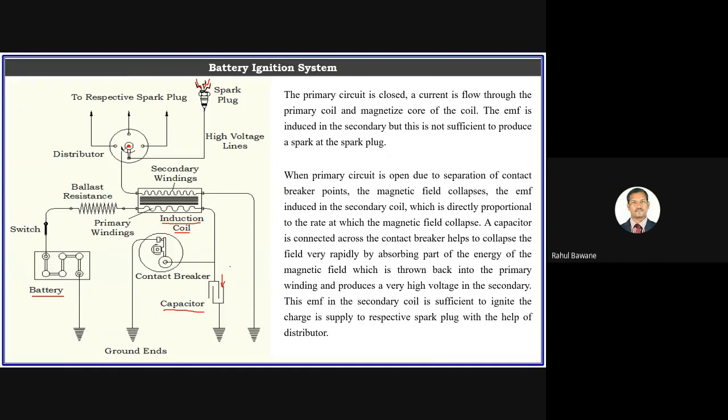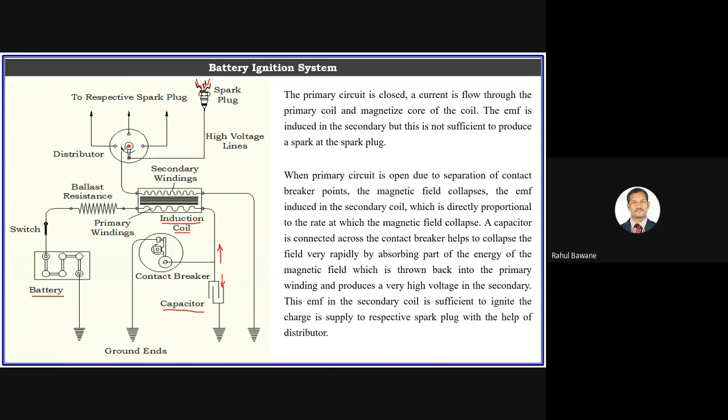When the circuit breaks, this capacitor throws back its stored energy into the primary circuit, and the collapse of the magnetic field is sped up by this throwback of energy. So now the collapse of the magnetic field is so fast that the EMF induced in the secondary is tremendous, and that voltage is provided to the distributor, and from the distributor it is supplied to the respective spark plug, and this high voltage is enough to produce a spark.